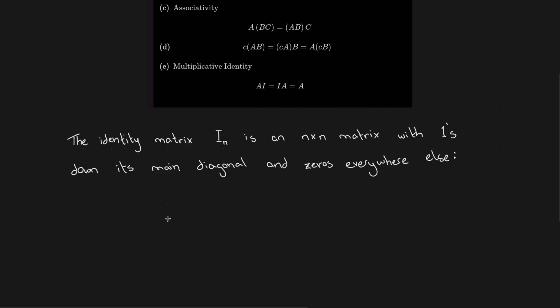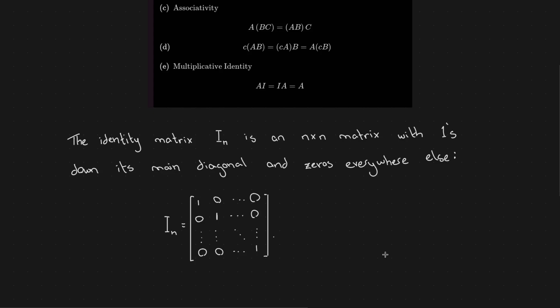Okay, so it looks like this. I sub n is equal to the matrix with ones down its main diagonal and zeros everywhere else. Okay?